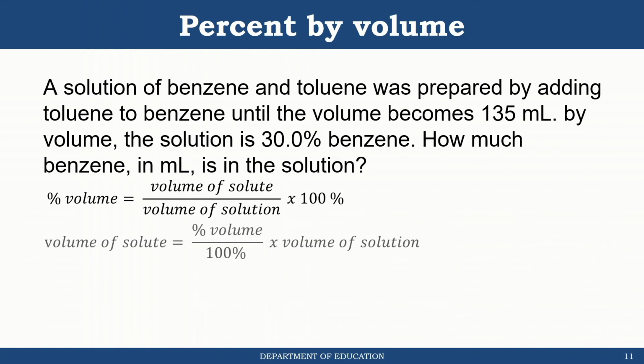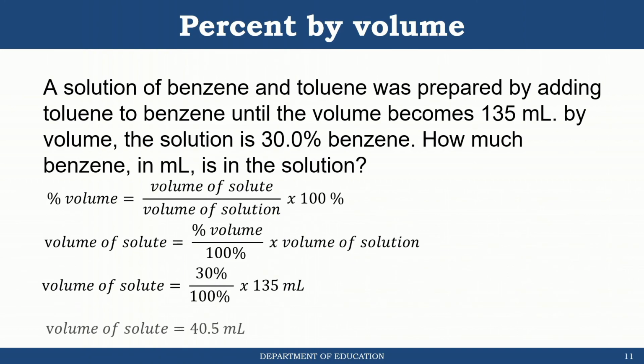Our volume of solute will equal the percent by volume divided by 100% times the volume of solution. The volume of solute is equal to 30% divided by 100% times 135 ml, which is equal to 40.5 ml of benzene.